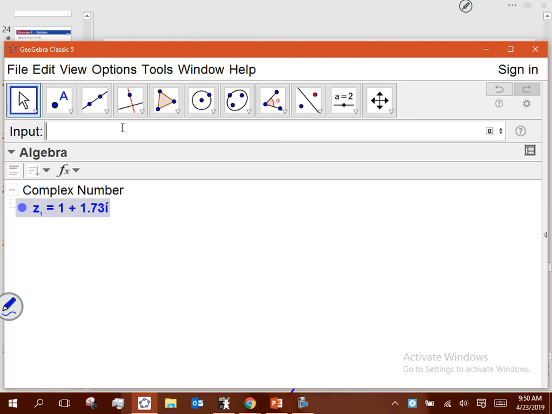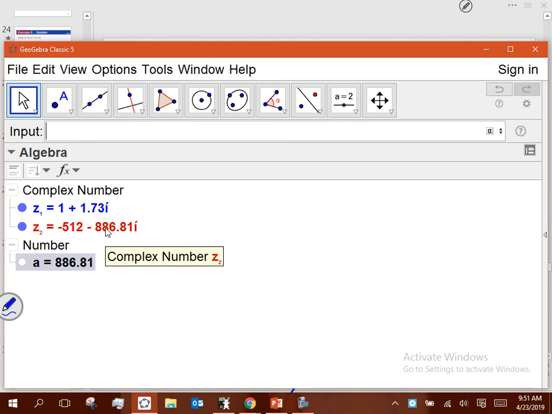And now if I ask this to take Z sub 1, raise it to the 10th power, my argument is that the coding in the background for GeoGebra is probably taking that 1 plus radical 3i, and when I type this in up here in the input, it's probably converting that into polar form so that I can do that math so much faster. Okay? Now, if I go 512 square root of 3, you see that is that number right there, right?